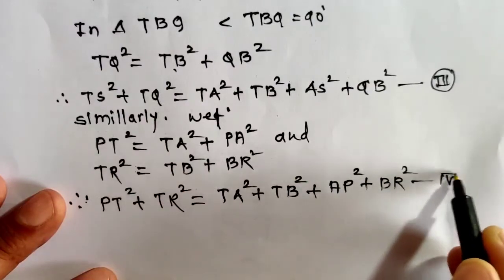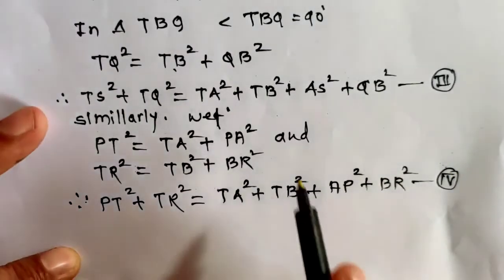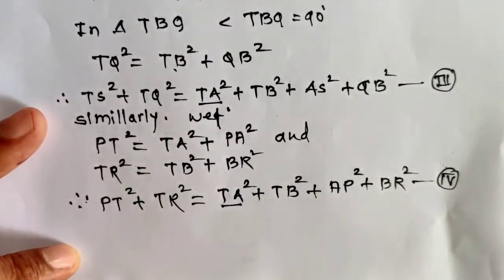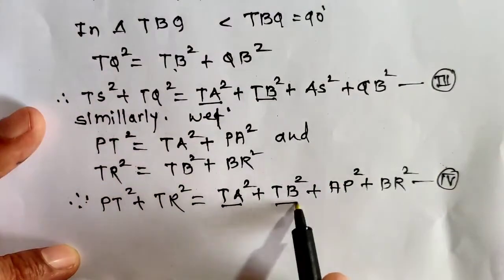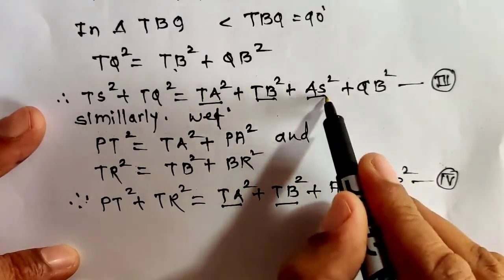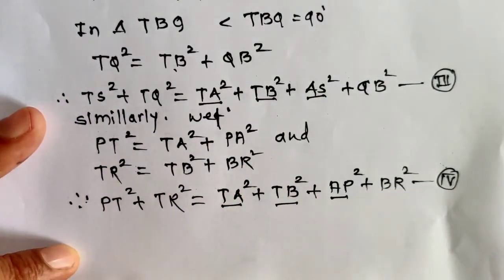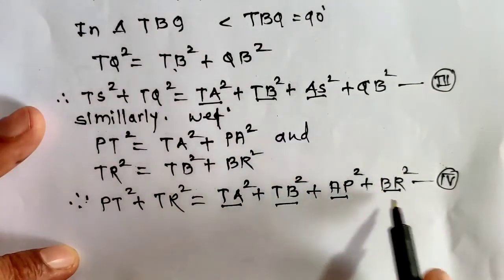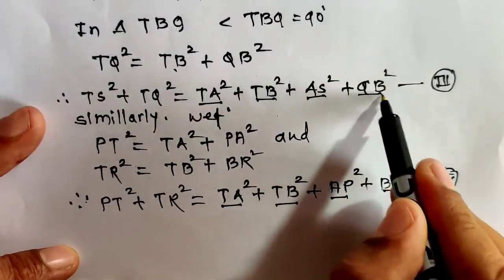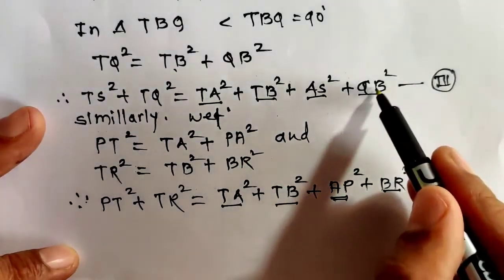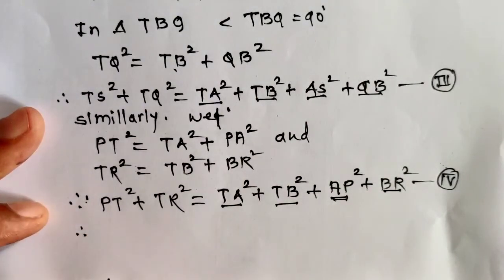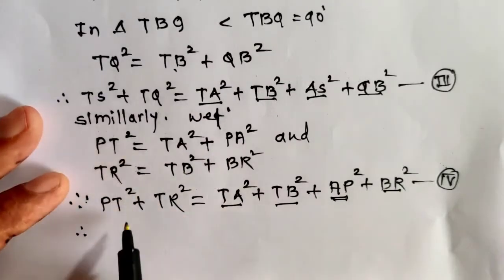This is 4. Now if we observe 3 and 4, TA square is the same, TB square is the same, AS square and AP square, but AS is equal to BR, so AS square is equal to BR square, and QB is equal to AP, therefore QB square is equal to AP square. Therefore from this we can write, the left hand sides are equal.